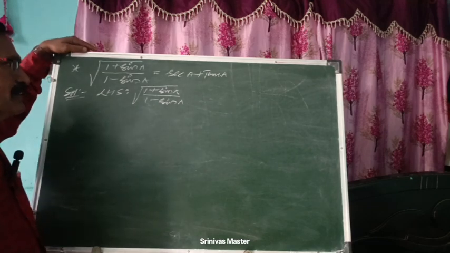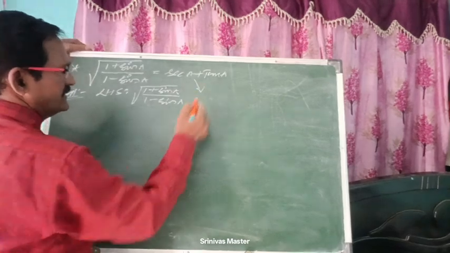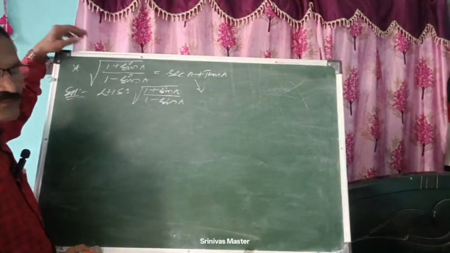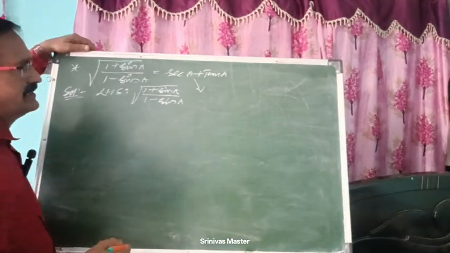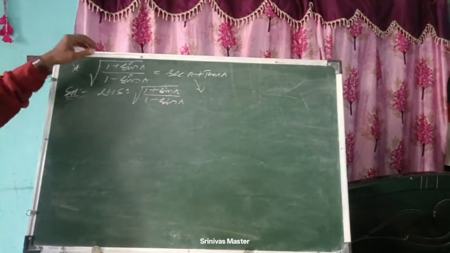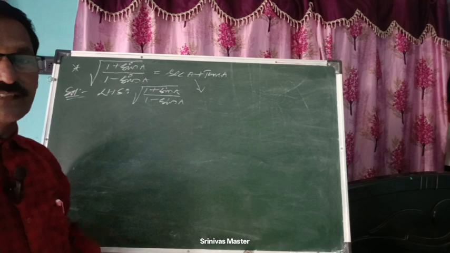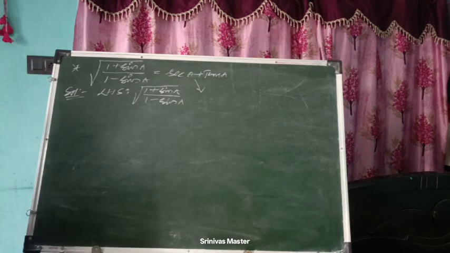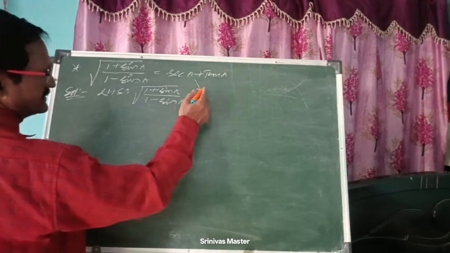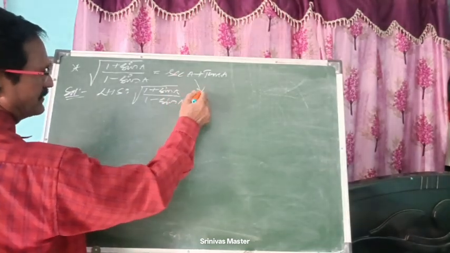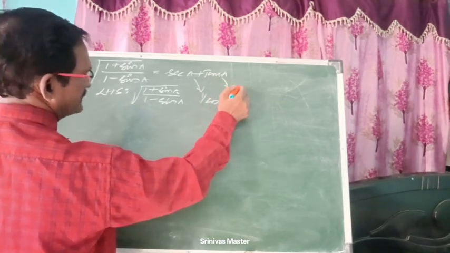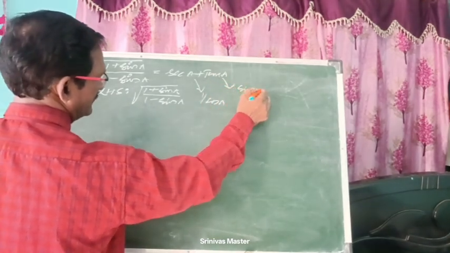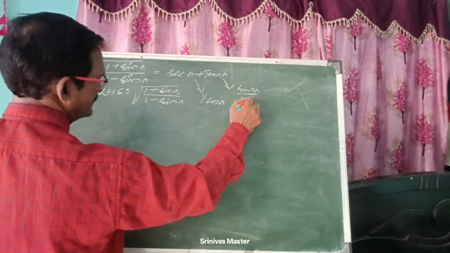You know that sec A is the reciprocal of cos, so we can write sec A as 1 by cos A, and tan A is the ratio of sine and cos. Tan A can be written as sine A by cos A.